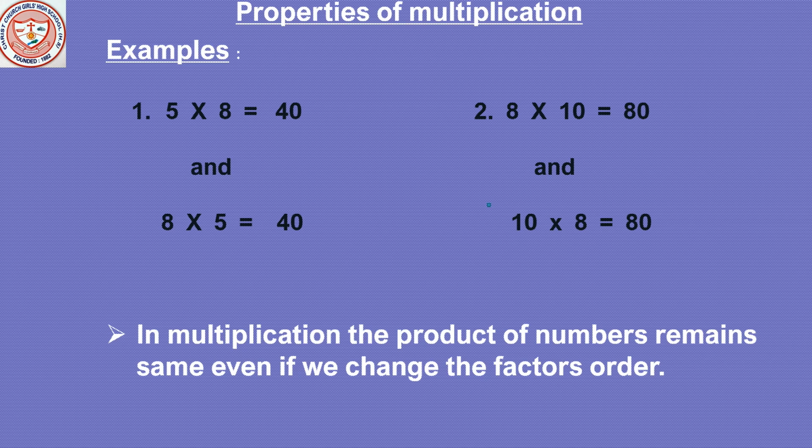So, in multiplication, the product remains the same even if we change the order of the factors. Example number 2, 8 into 10 is equal to 80 and 10 into 8 is also equal to 80.